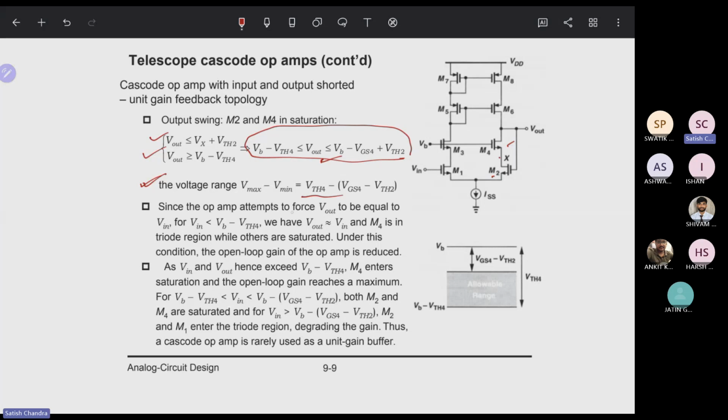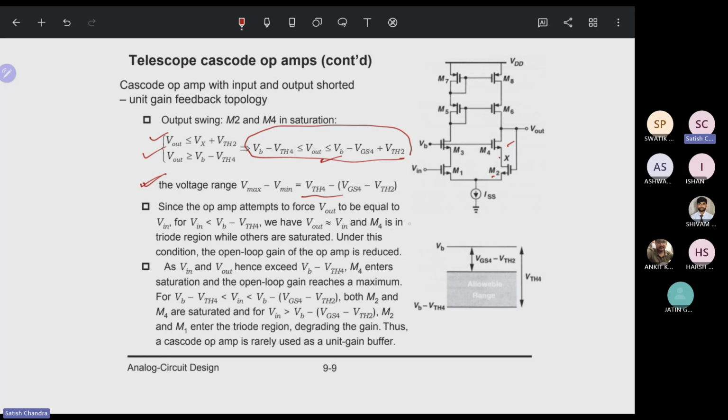Since the op-amp attempts to force V out to be equal to V in, for V in less than Vb minus Vth, we have V out equal to V in. Only in that case do we achieve unity gain.